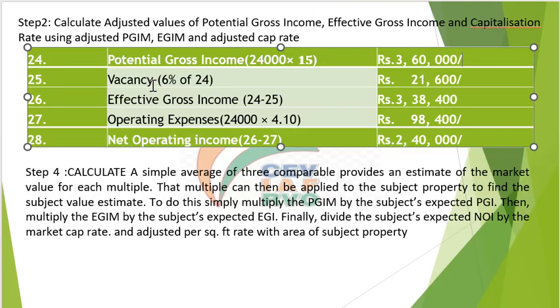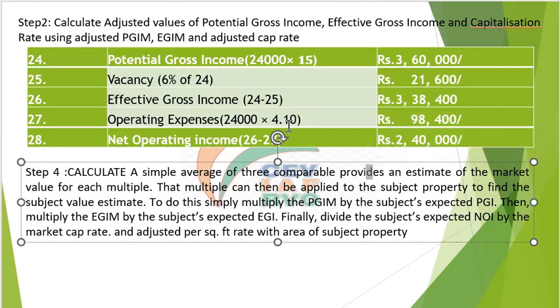But 6% vacancy is given in the question. So 6% will be deducted, means 94% of 3,60,000 will be your effective gross income, that is 3,38,400.